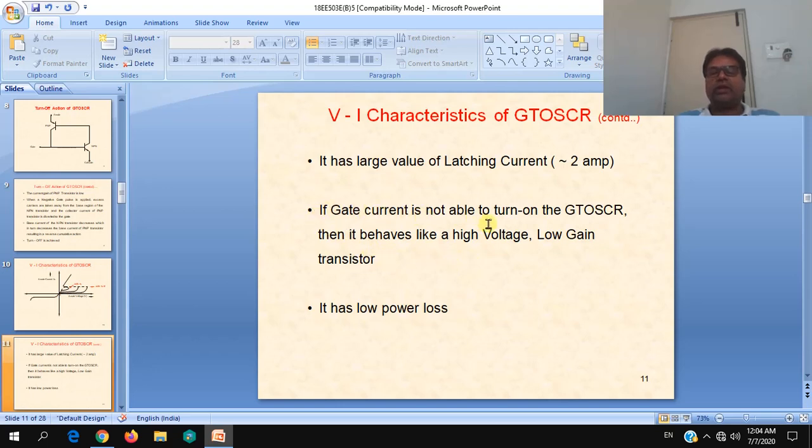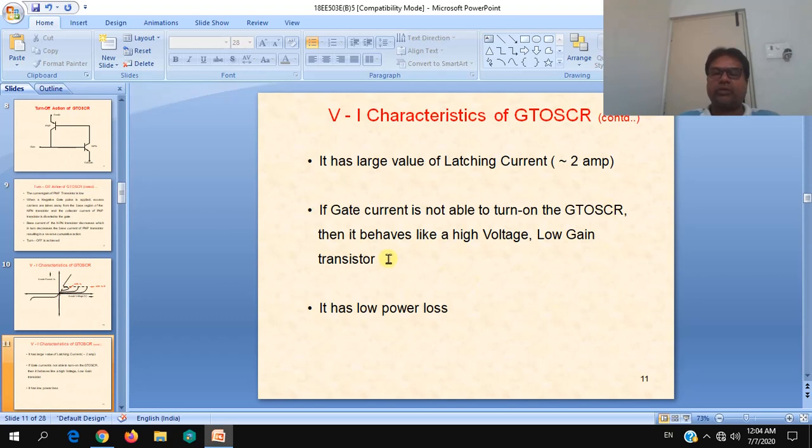In the forward direction, if the applied gate current is not sufficient to turn on the GTO SCR, or if it is not sufficient to make the anode current become equal to the latching current, it cannot enter the on state, and the rated anode current cannot flow.